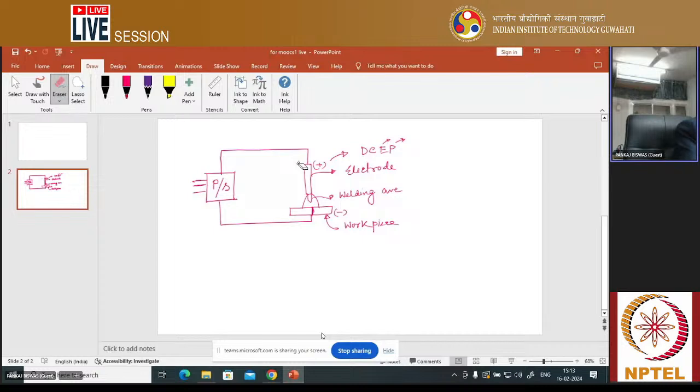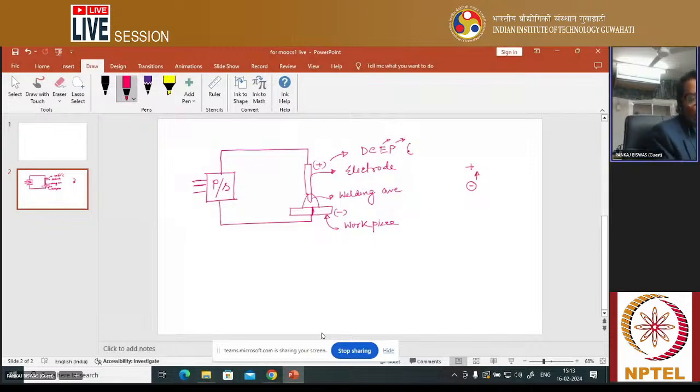So DCEP means direct current electrode positive. Now you see, if this electrode is the positive terminal, then what happens? We know positive things attract negative things. Opposite polarities generally attract each other, correct?